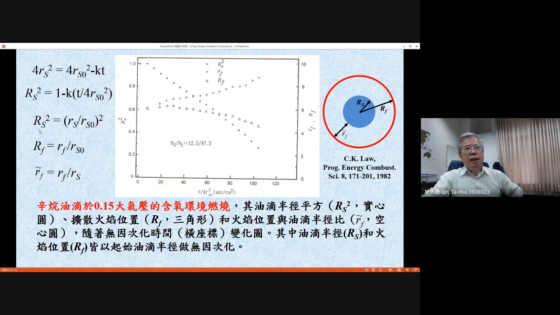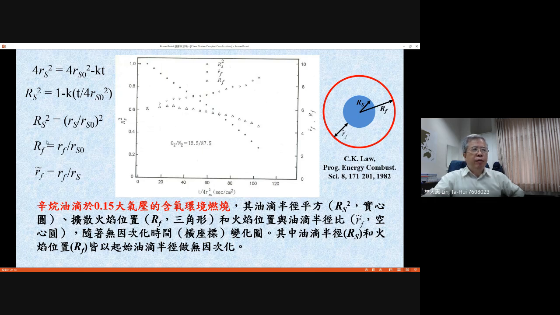The second one is the flame position. We call this capital Rf. Similarly, capital Rf is the real flame radius divided by the droplet radius at the initial time.